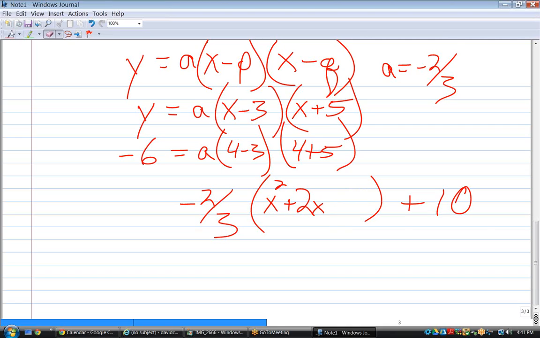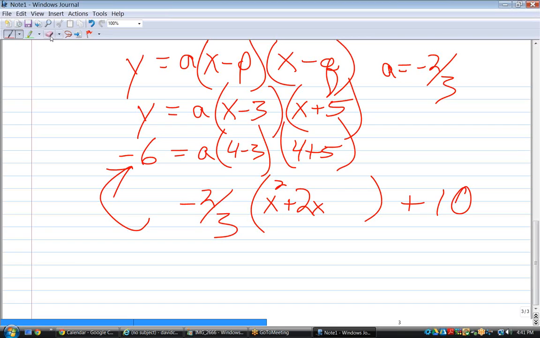Now this equation is the same as the previous one. I haven't changed anything. Now let's complete the square inside.